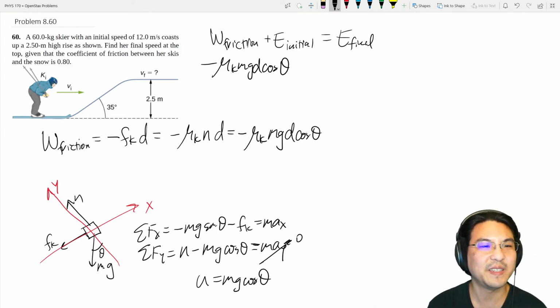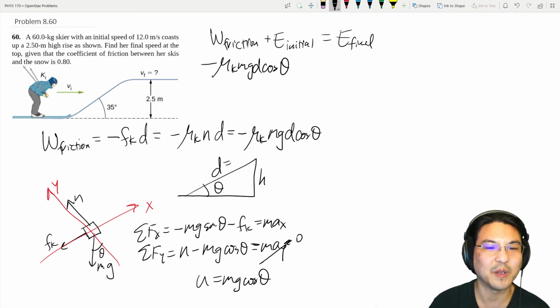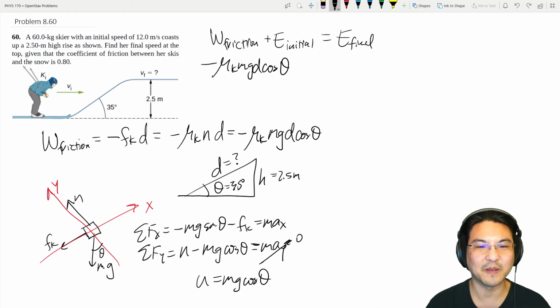Do we know d? Let's look at the little triangle over here. This is d. This is h. This is theta. So we don't know d. We know theta is 35 degrees. We know h is 2.5 meters. So what's d? Look at the triangle.